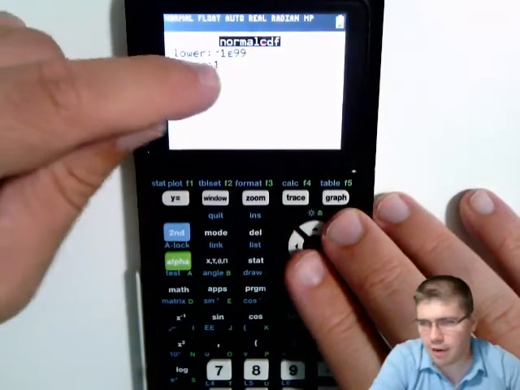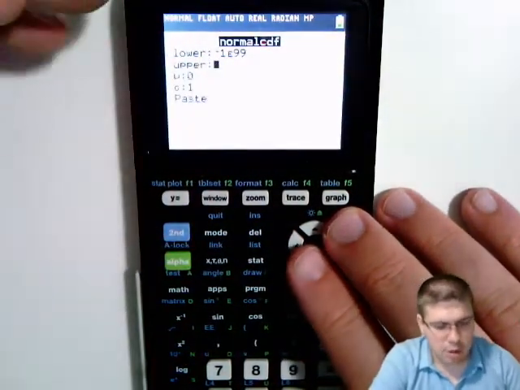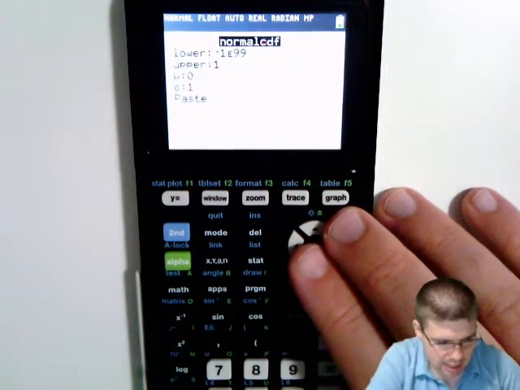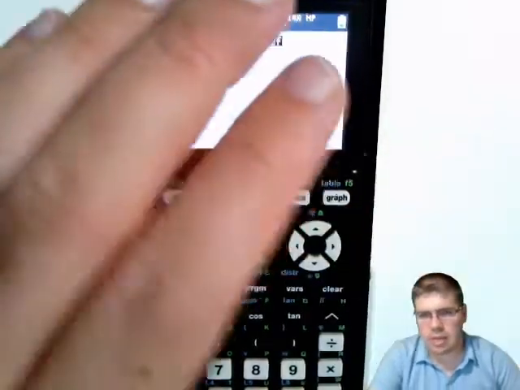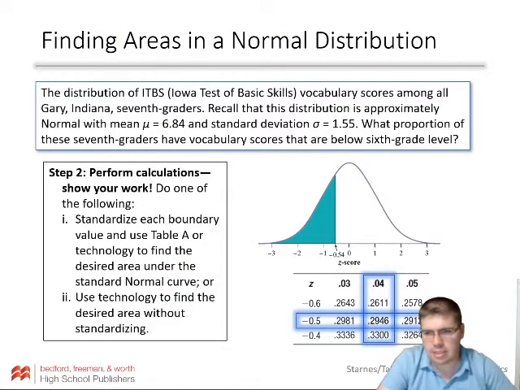So then I want to go from effectively negative infinity, not actually negative infinity, but for our purposes it'll be good enough. We're going to go from that really low bound to an upper bound, and this is what we're shooting for, this upper cutoff in our area. So we're going to type in that -0.54. I'm actually going to do this as z-scores first.